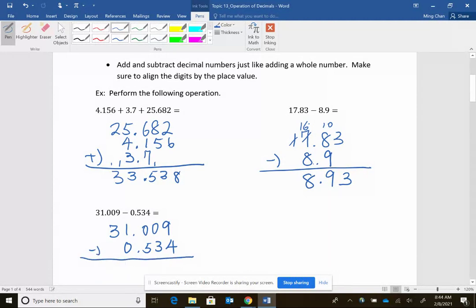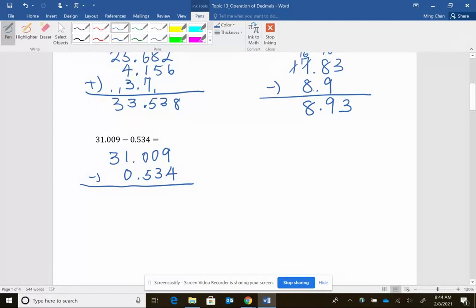All right, let's subtract. Oh, by the way, if the bottom number has more digits than the top, when you subtract, you've got to add a 0 so you know to borrow. Okay. All right, 9 minus 4 is 5. 0 cannot subtract 3, so 0 has to borrow 10.